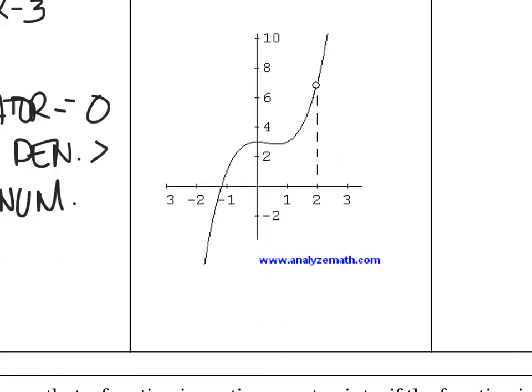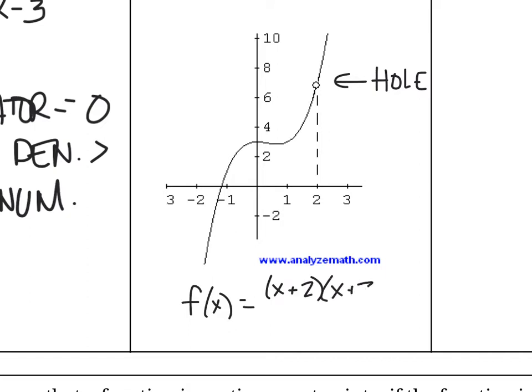This function down here has what's called a hole. So the function doesn't exist at that point, and it's not like it's moved anywhere else. It has a hole. And we know this happens when you have a function, now this isn't going to be the function here, but this is just an example. Say we had a function like this, f of x equals x plus 2, x plus 3, all over x plus 2.